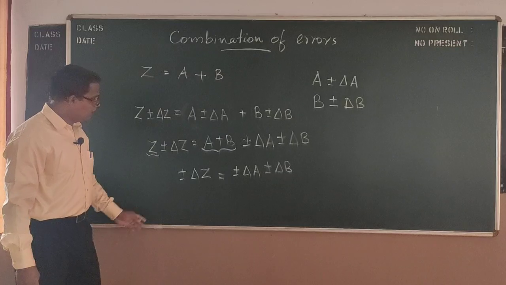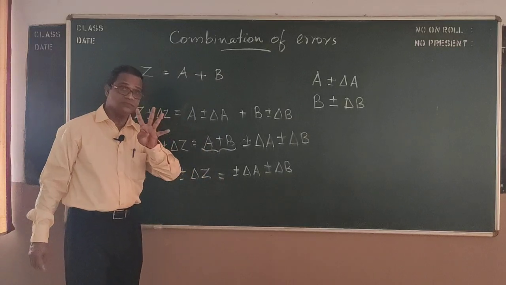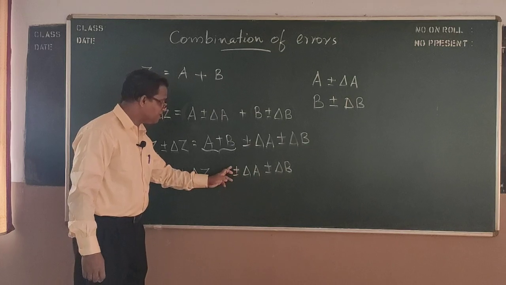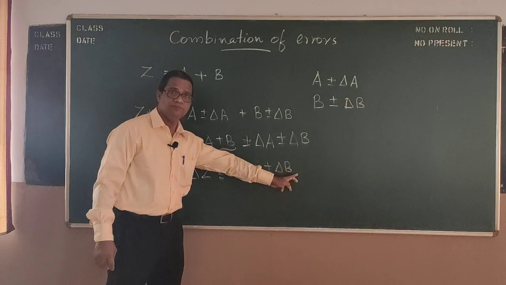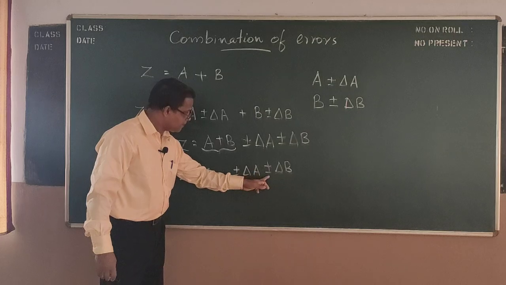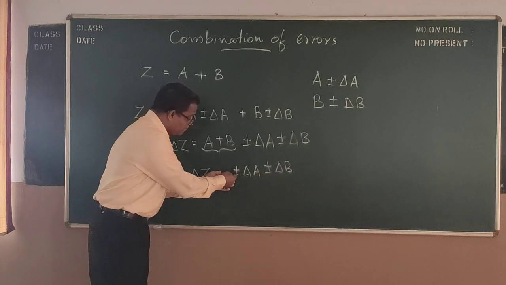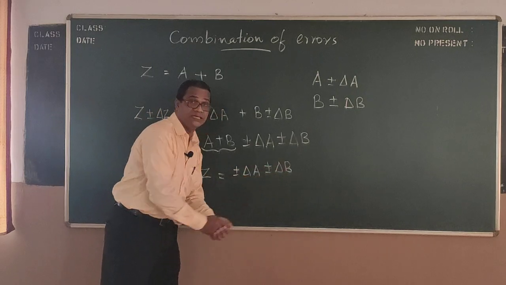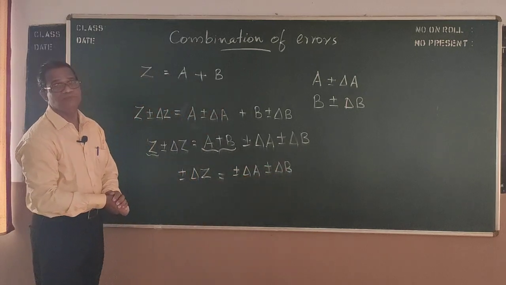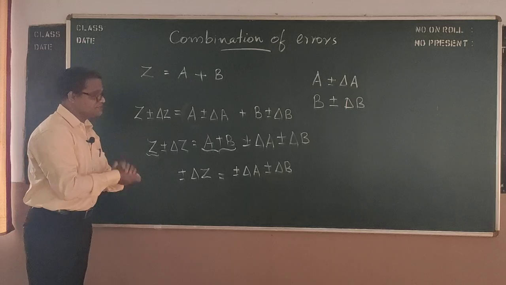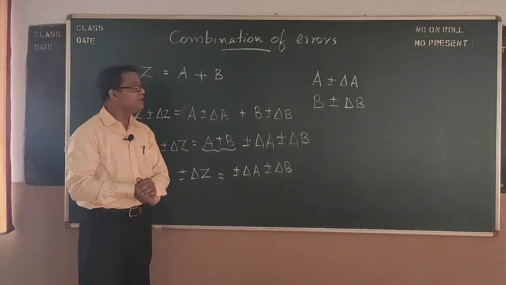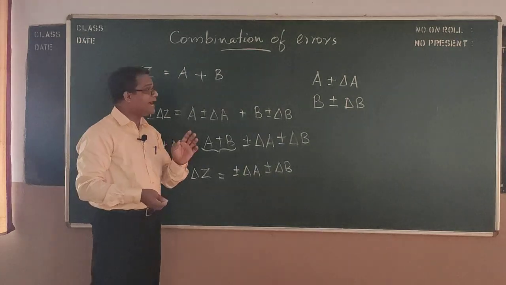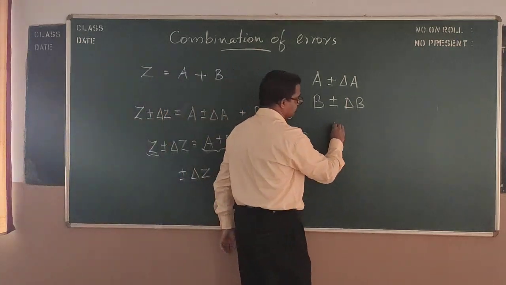So I will be having 4 possibilities here: plus delta a plus delta b, plus delta a minus delta b, minus delta a plus delta b, and minus delta a minus delta b. 4 different possibilities. But at this stage, we'll be considering the maximum possible error.